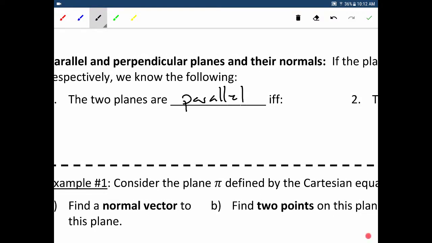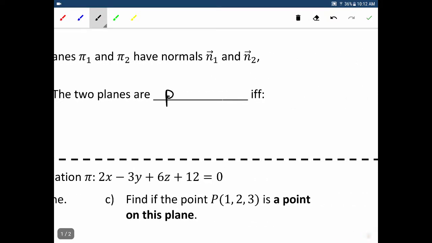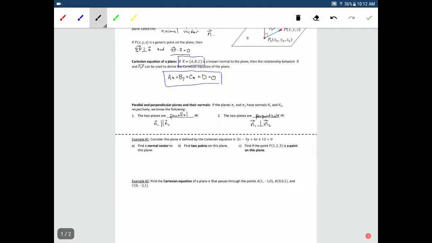Anyway, if the two planes are parallel, then the normals will also be parallel. Similarly, if two planes are perpendicular, then the normals, and this will shock you, will be perpendicular. Let's actually use this to do something.